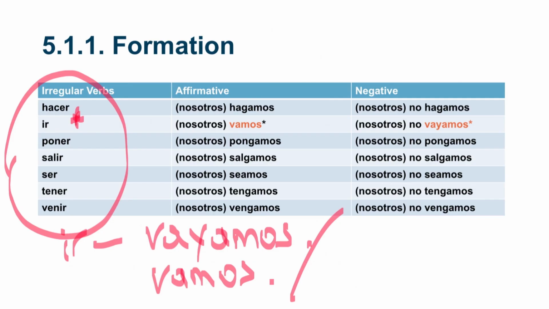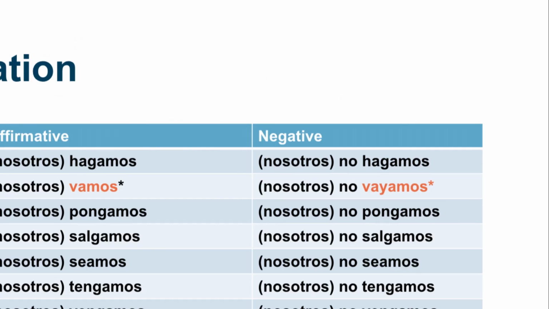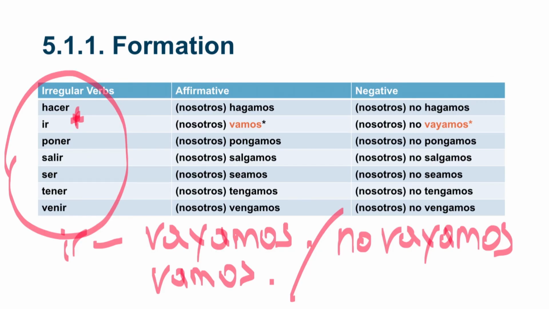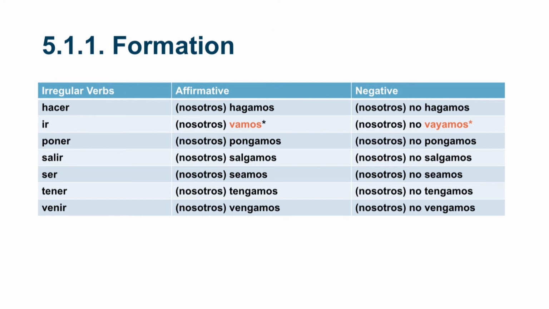If you want to say no, then you keep the regular verb. No vayamos ahora, quedémonos en casa. So, pay attention. Let's see the irregular verbs. Okay, de hacer, hagamos; de ir, vamos, exception, mark it.